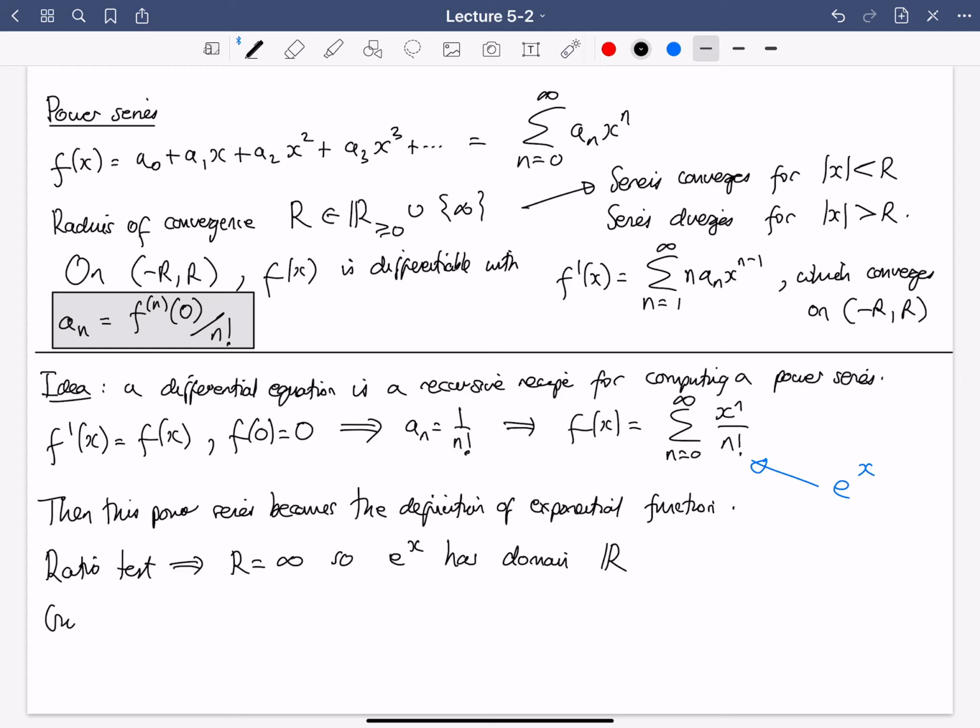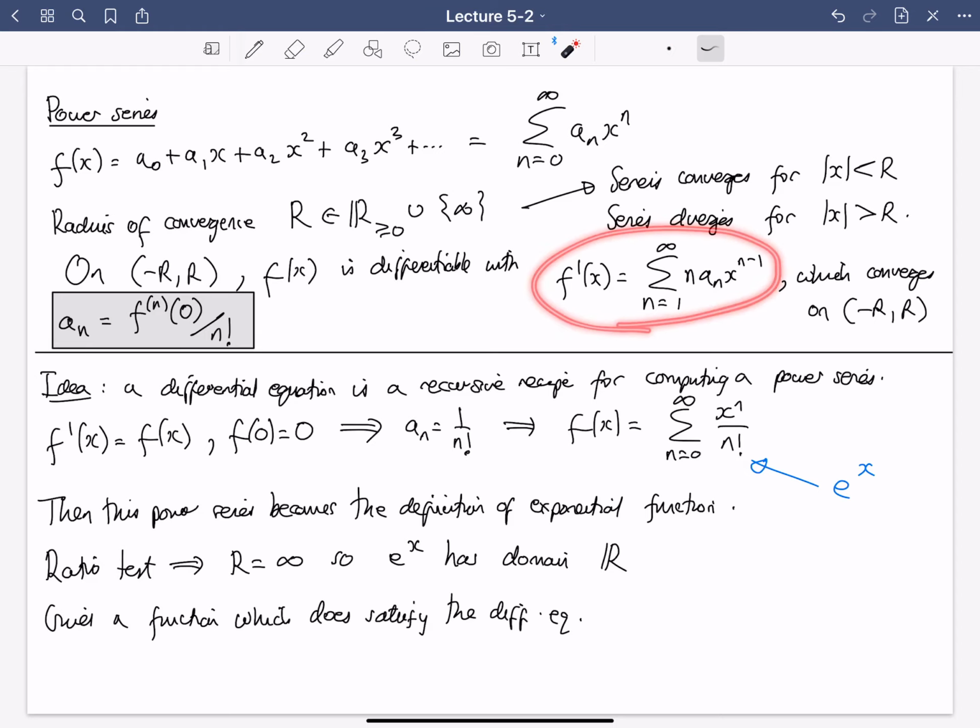And this gives a function which does satisfy the differential equation. Right, so using this property here, this power series, you can differentiate it, and the nice property of that series is that the term-by-term derivative is just the same power series back again.